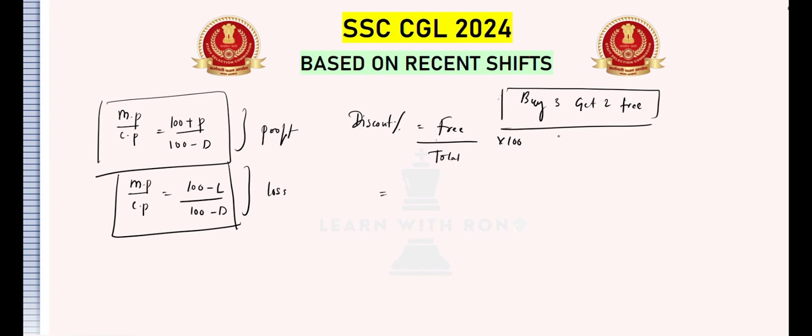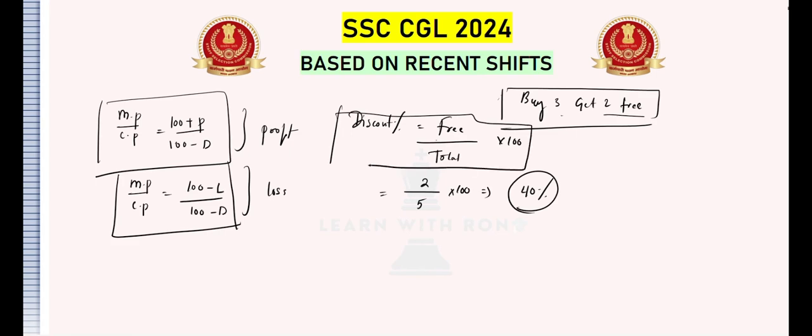Here, number of free articles is 2, since you get 2 free, and total articles is 3 plus 2, which is 5, multiplied by 100. 100 by 5 is 20, times 2, so 40% is your discount here. Okay, you need to remember this discount percentage for free articles also.